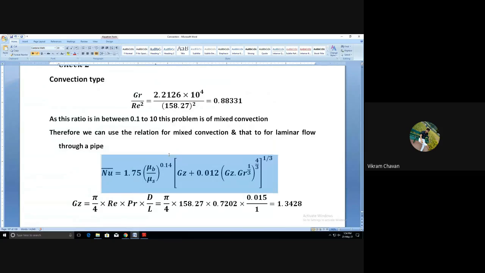If the question is asked on flow through pipe and empirical correlations are not provided, then only we have to consider these empirical correlations. But most of the time, for the combined convection type, the empirical correlations are provided, and you have to use these empirical relations and then solve the problems.